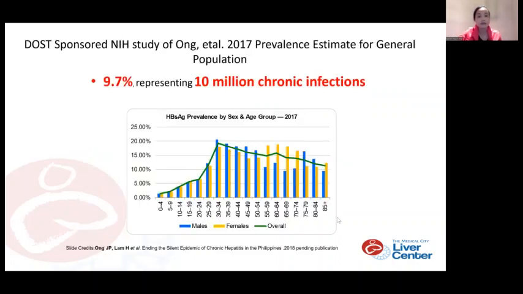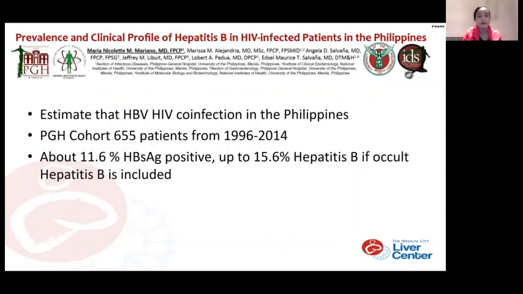This was a study done in 2017 where the local prevalence of chronic hepatitis B was estimated to be close to 10%, which translates to about 10 million Filipinos with chronic hepatitis B infection.